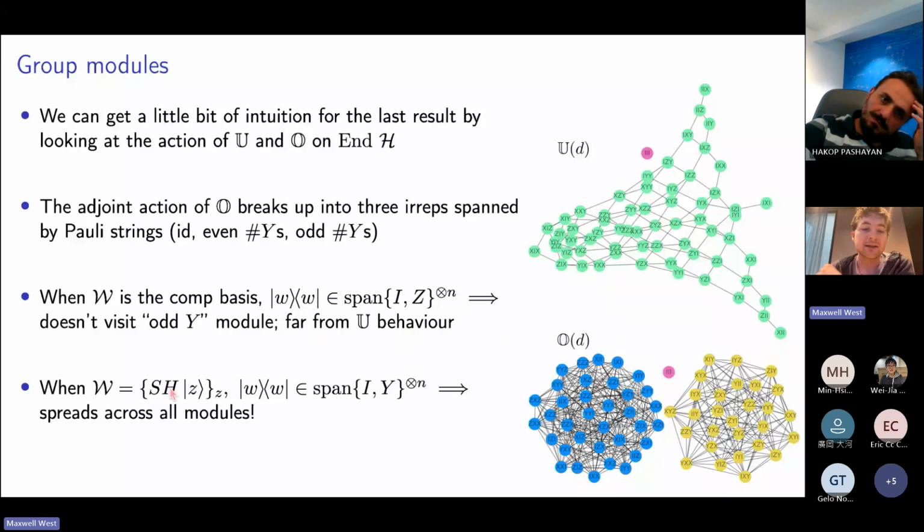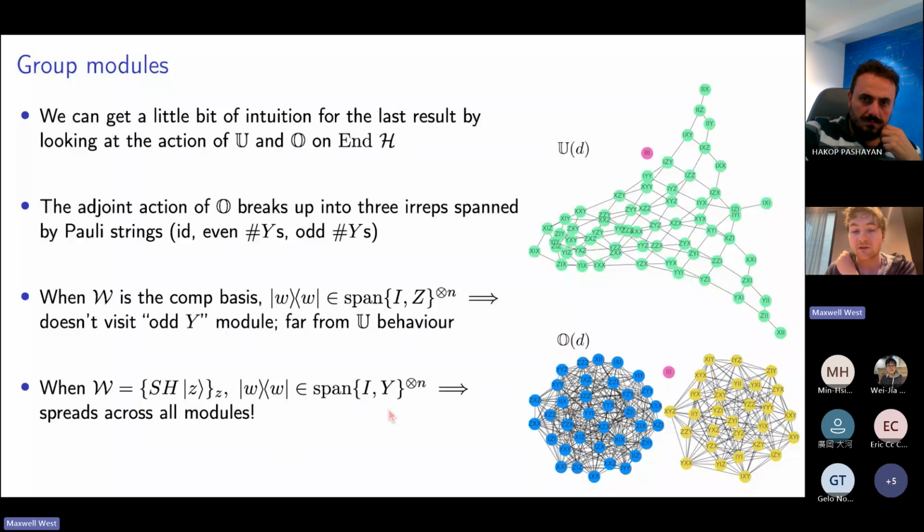But if you use this alternate basis, with the Hadamards and the phase gates, these W's basically become an equal superposition over the same thing, but with the Z's replaced with Y's. Now if you expand this, you get even and odd numbers of Y's from different strings, which is a little neat. So now this evolution is not restricted to one module anymore; it's over both of them.